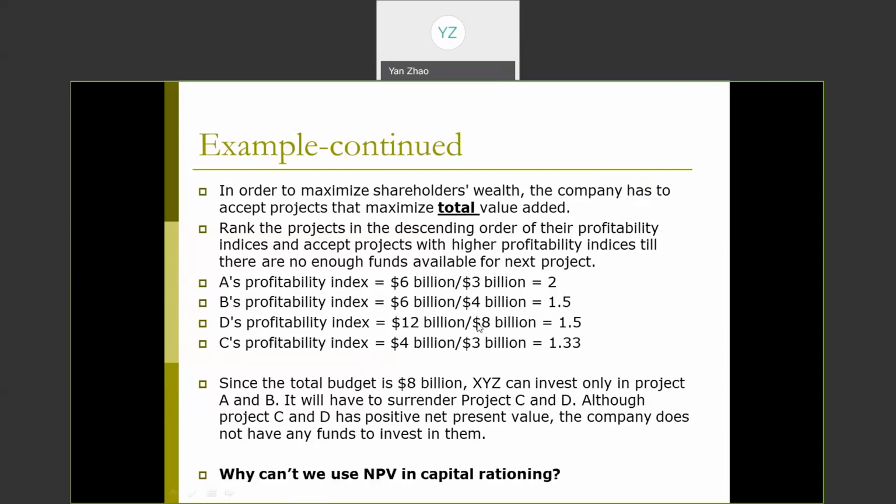But we can't do D and C anymore because they require $8 and $3 billion initial investment. According to the profitability index selection method, the company benefits if it picks projects A and B as a combination. But the question is, why can't we use net present value in capital rationing?